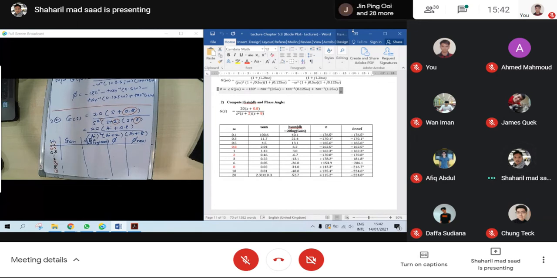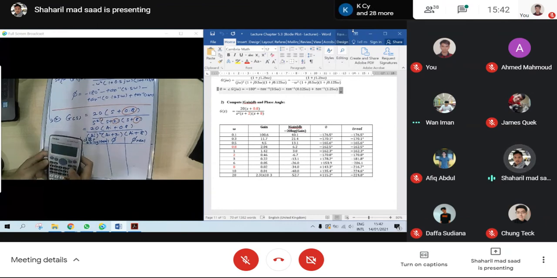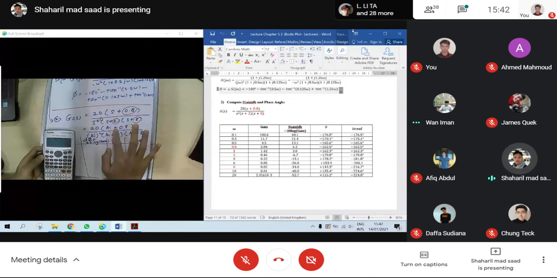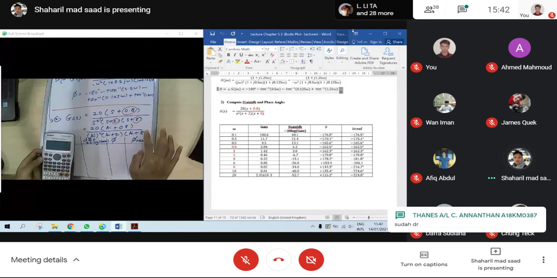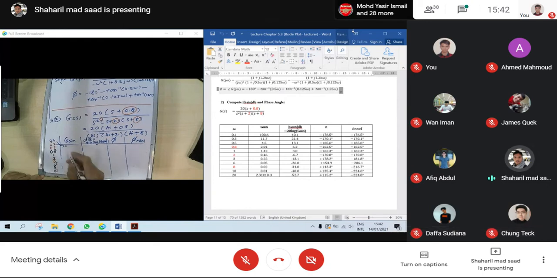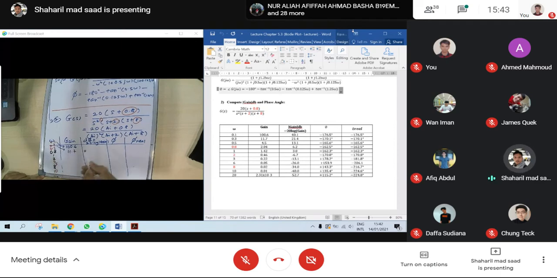Use your calculator to get it. I think you already know how to use the calculator, to apply j plus this one, this one, this one. Then, for example, your gain you got is 100.6. For 0.3, you got 11.7, and so on.